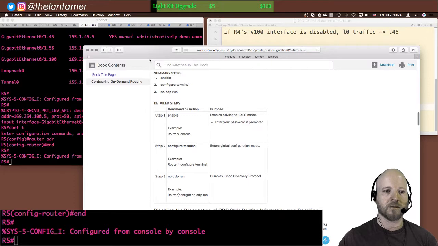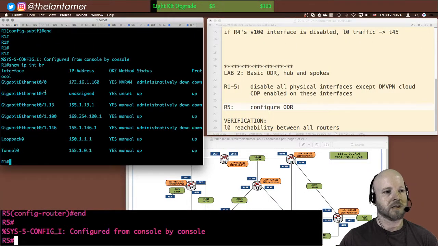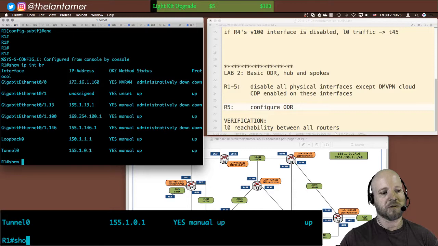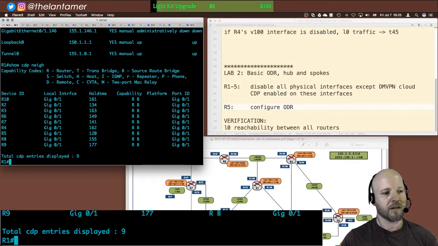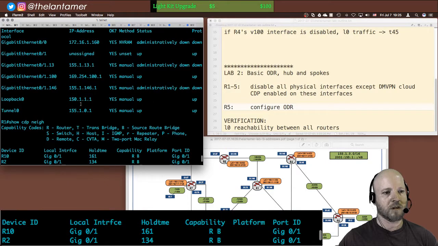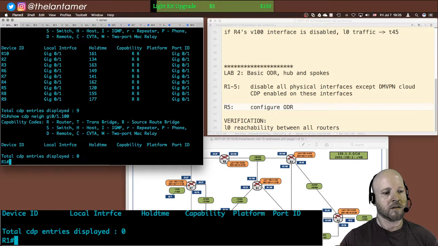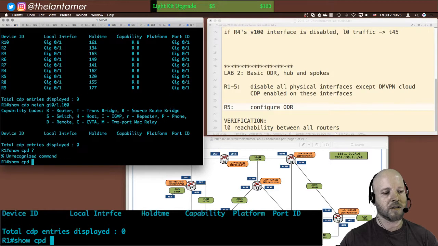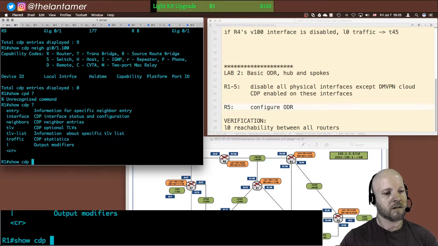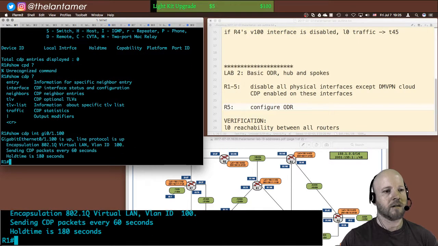Oh, we have to check CDP. That's right. Show CDP neighbor. Let's just see if we have it here. Show CDP neighbor, only on 0.1. Show CDP interface, just 0.1 100.